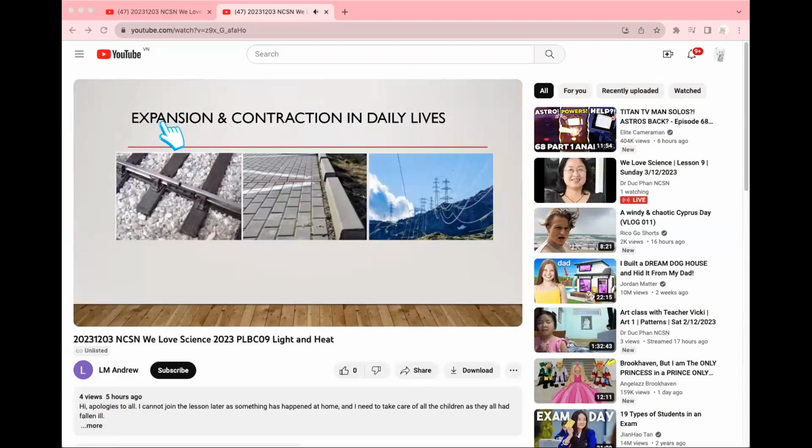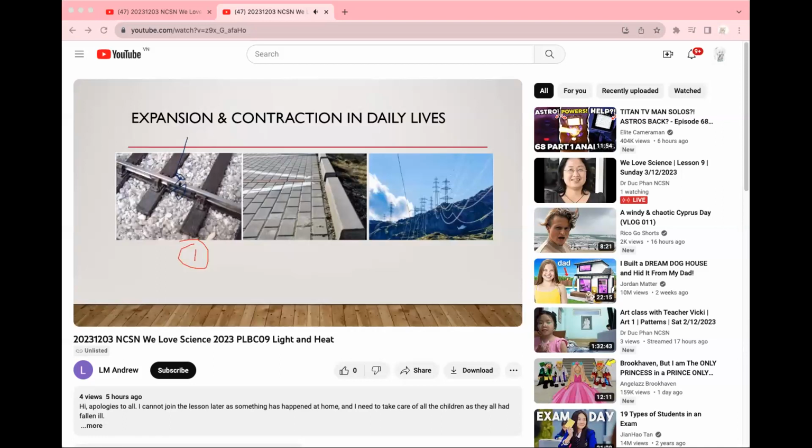If you look at the first picture here, this is a railway track. Notice that there is this little gap here. Why is there a little gap here? Well, this gap is to allow the metal on the railway track to expand during hot days.